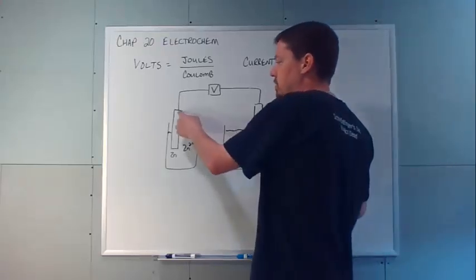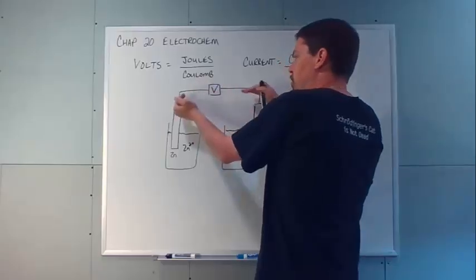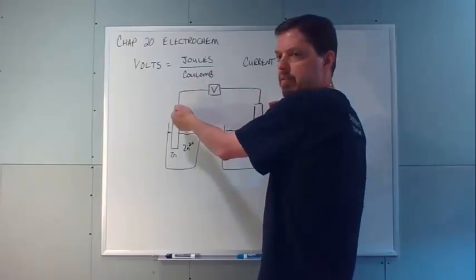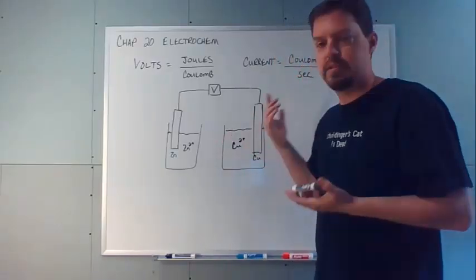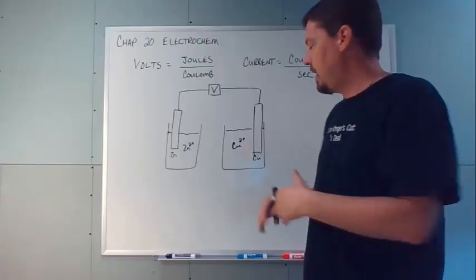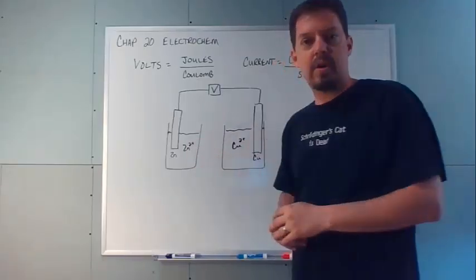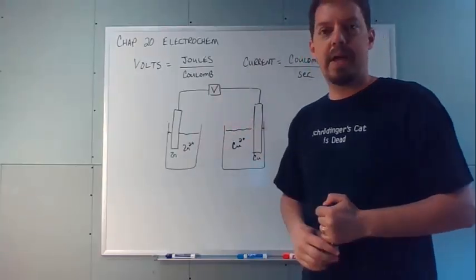What we're going to do is let an electron jump in this side. All the electrons in the wire move to accommodate the fact that that electron's coming in, and then an electron on this side comes out and goes into the metal. But that can't happen if we start building up charge. If I was to do this, we'd see a voltage and it would go right back to 0.